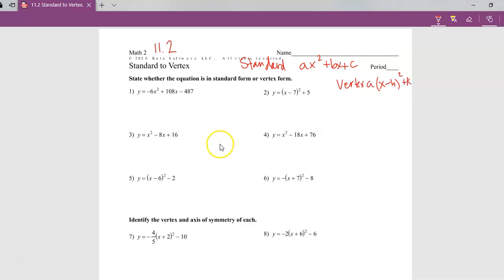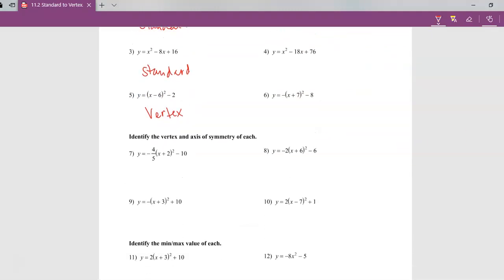We're just going to state which form the equation is given in. So number one, that is standard form. I don't see any parentheses. We have x squared, x, and a constant term. So this one is in standard form. Number three is also in standard form. And number five, since they have those parentheses squaring that, this one is in vertex form.